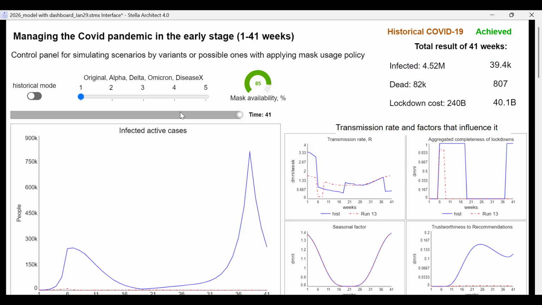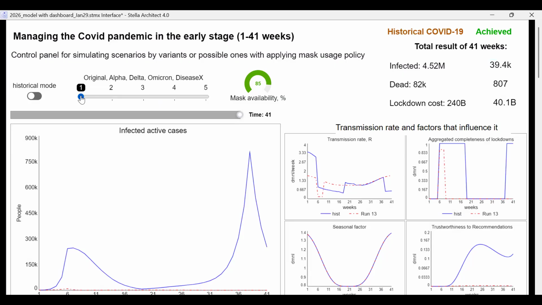And talking about future viruses, this simulation allows you to test several options. We have Alpha, Delta, Omicron, which are historical data, and also we developed disease X variant, which is completely unknown, currently discussed at the World Economic Forum, and here is how we made data for it.